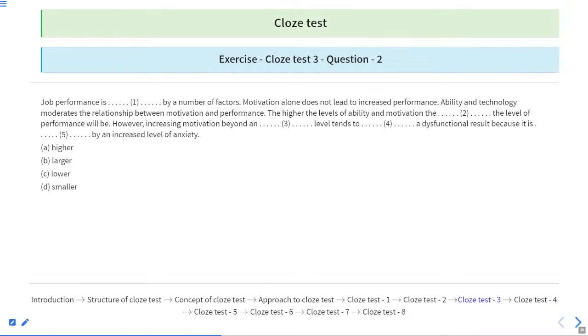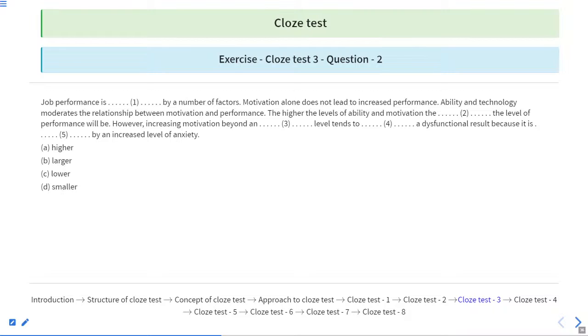Let us look at the next one. Job performance is affected by a number of factors. Motivation alone does not lead to increased performance. Ability and technology moderates the relationship between motivation and performance. The higher the levels of ability and motivation, the dash level of performance will be.